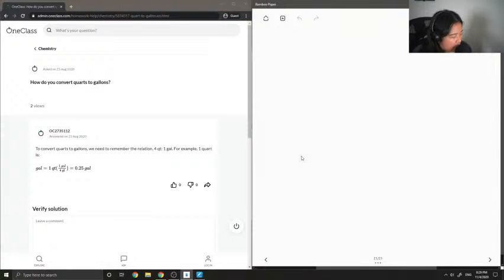Okay, so moving on to question number 10. How do you convert quarts to gallons? So the relationship between gallons and quarts is that 1 gallon is equal to 4 quarts.